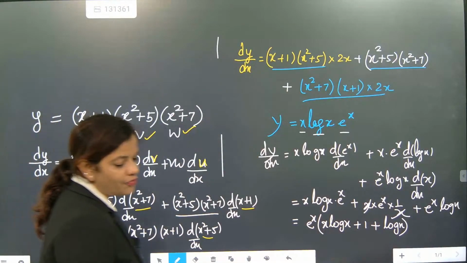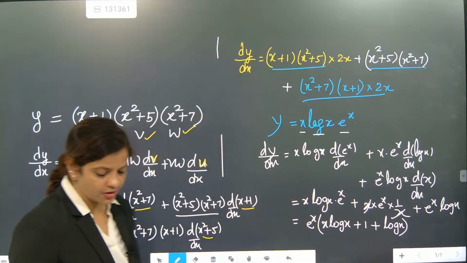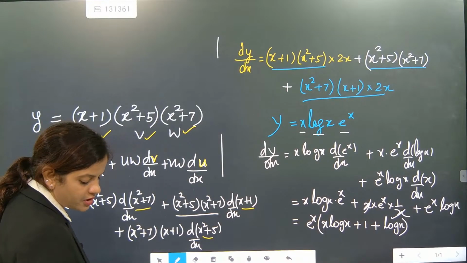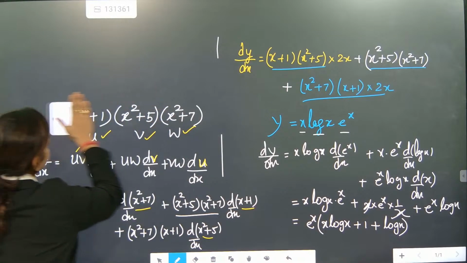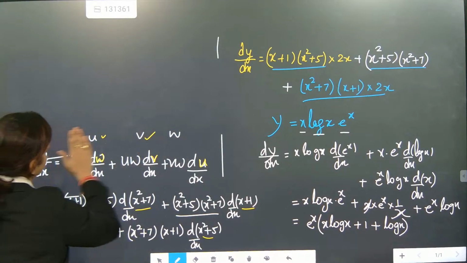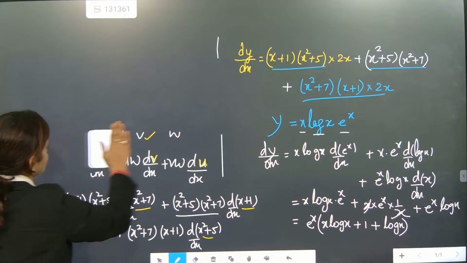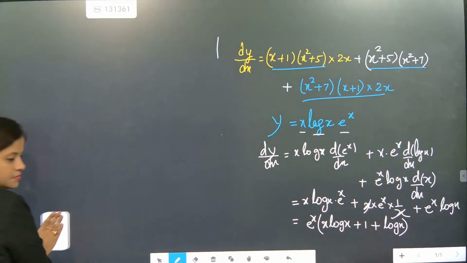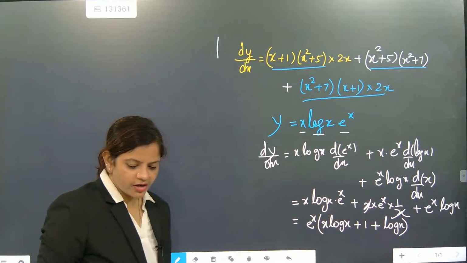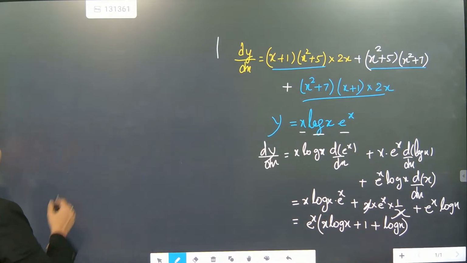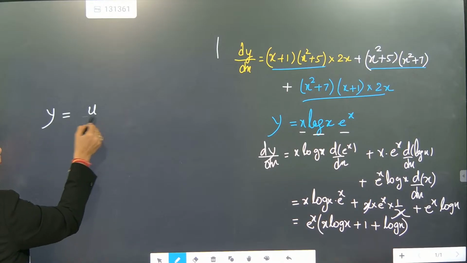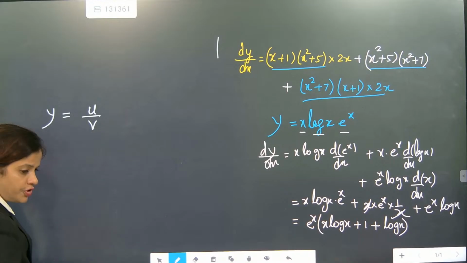So now we will go with the u by v method. How are we solving the u by v method? Let's check this one out. When somebody asks you y is equal to u by v, then these are two different functions.